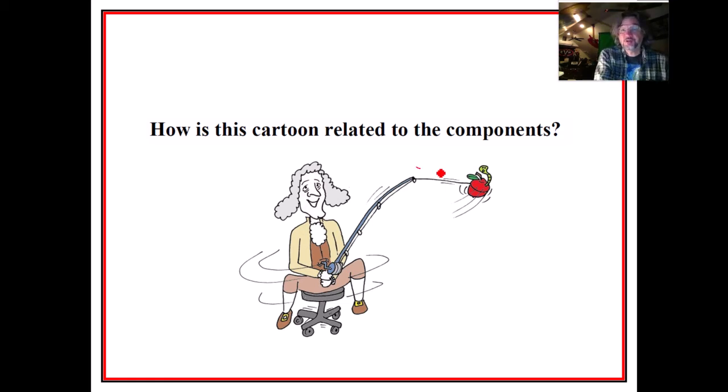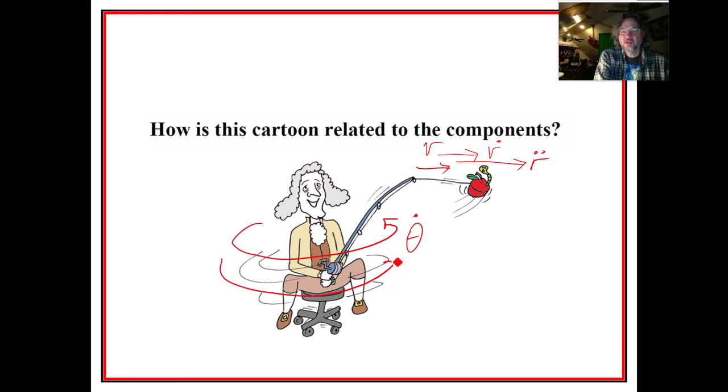Just think of this fishing line as being the R. That fishing line can increase R dot, the speed at which it's going out, but the speed can also increase. So you could have R double dot going on right there. We could also spin, so we can have an angular position, but we could also have an angular velocity, and we could have an angular acceleration.